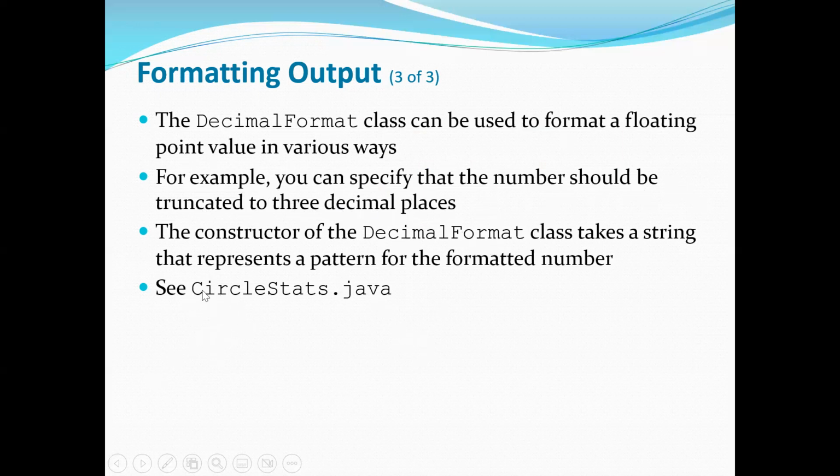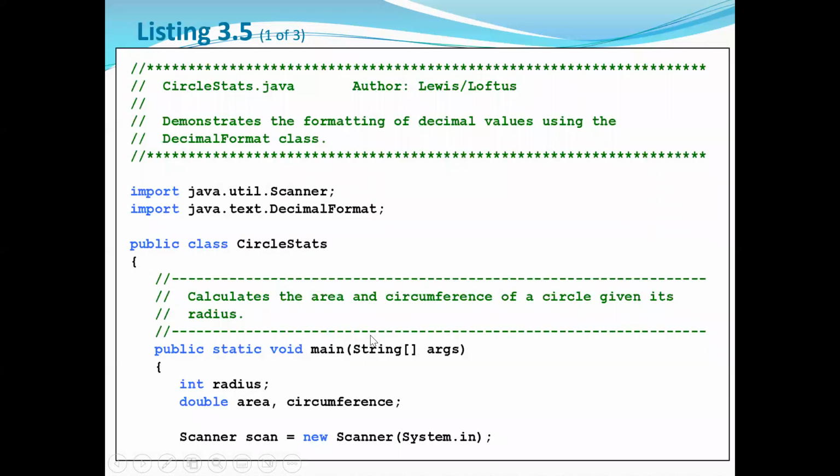The program here is called CircleStats.java. This program demonstrates the formatting of decimal values using the DecimalFormat class. So again, we import our Scanner class, and this time we also import our DecimalFormat. DecimalFormat is in the text package.